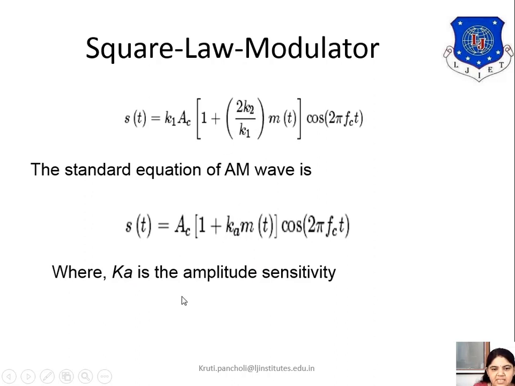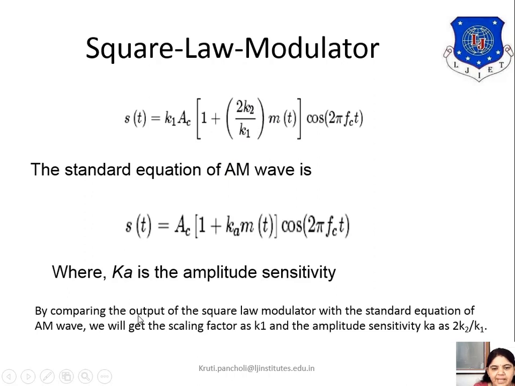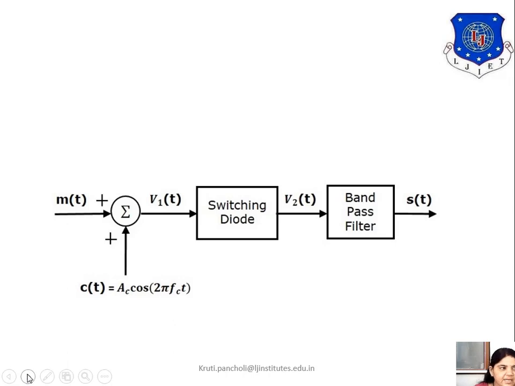By comparing the output of the square law modulator with the standard AM wave, we get the scaling factor K1, and the amplitude sensitivity Ka is 2K2/K1. So this way the square law modulator gives the AM wave as its output.